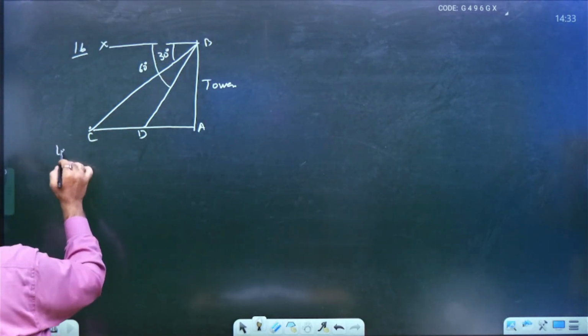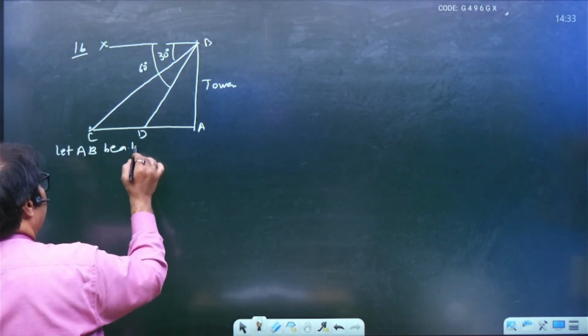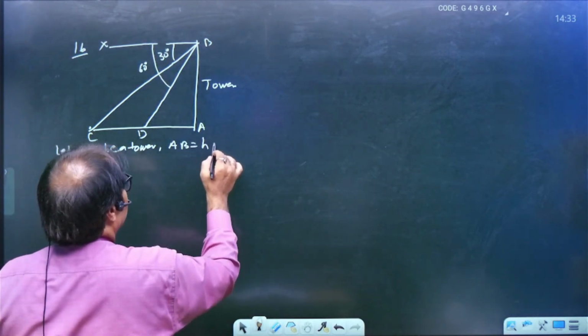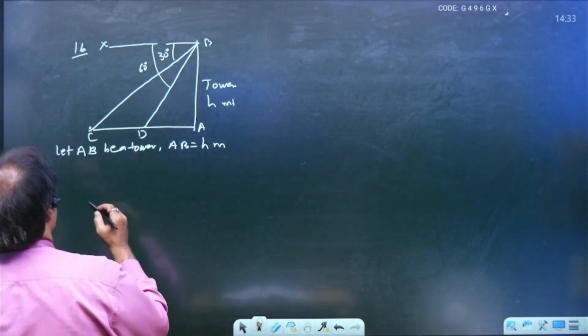So let AB be a tower such that AB is equal to say H meter. Okay.